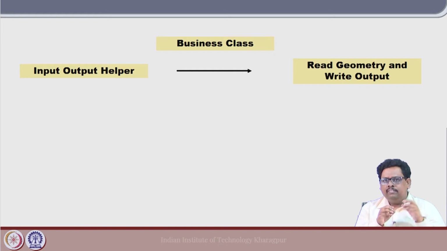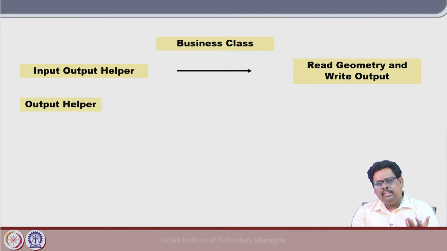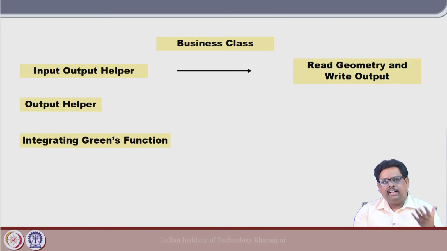This class mostly, you have to deal with the business things. For example, I am reading the geometry, I am writing the output. So, for that I have one class which is the input output helper. Similarly, something called the output helper also, let us say. Sometimes you can have integrating the Green's function also, you need some classes, right.